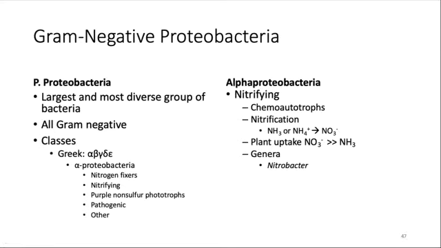Then you have the nitrifying bacteria, which also belong to the alpha proteobacteria, and these are chemoautotrophs. So they will use inorganic chemicals as a source of their energy, but they will use carbon dioxide as the only source of their carbon in synthesizing their food.